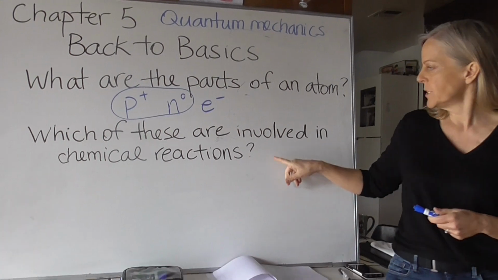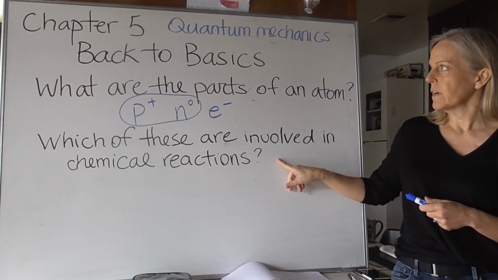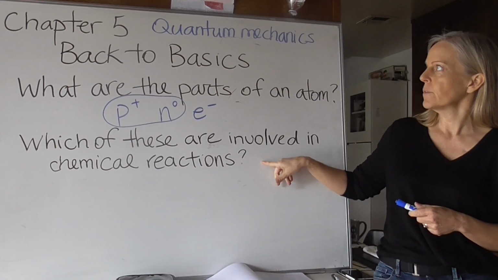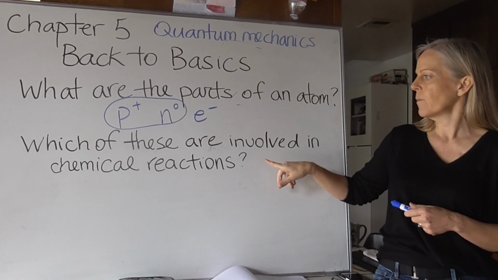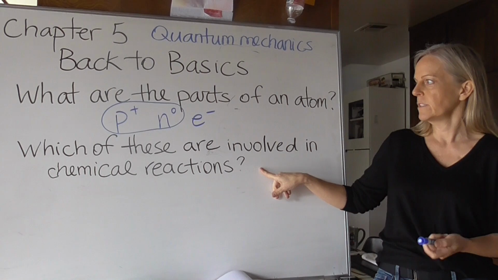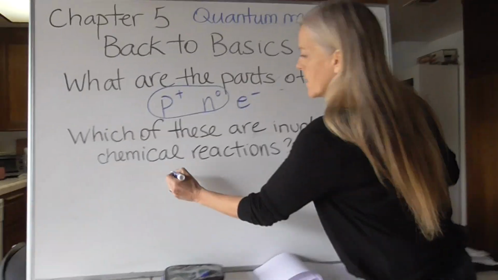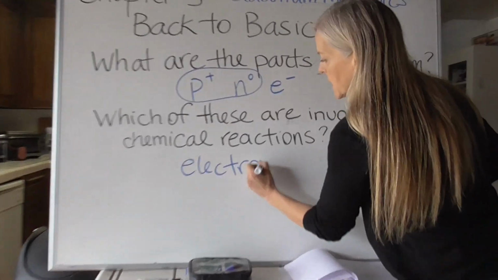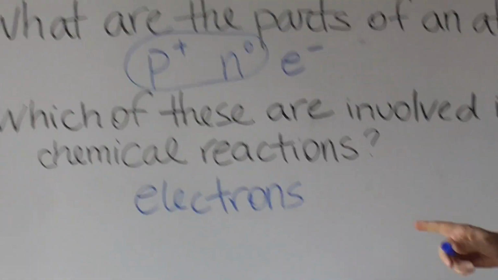So if we ask which one of these are involved in chemical reactions, because ultimately the goal is to be able to look at this and figure out why some things react and other ones do not, and you may know this, it's the electrons.